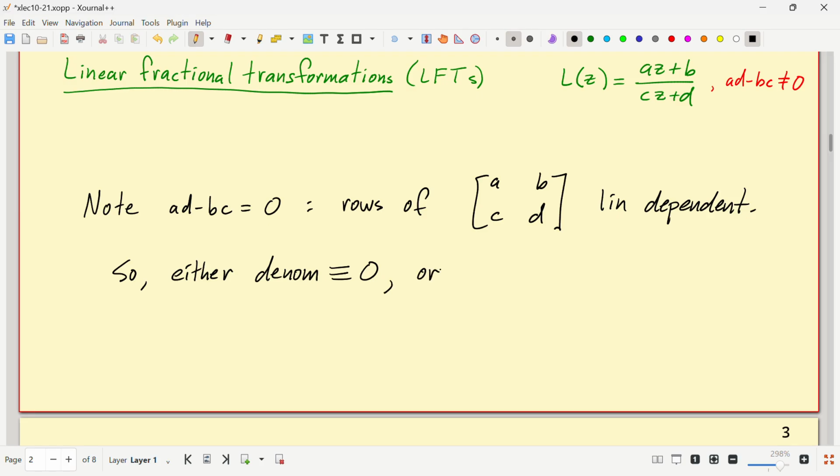Or the numerator is a multiple of the denominator, and that would mean L of z is constant. So those are the dumb cases. Either it's not defined or it's constant. And so those are the cases we want to rule out. Let's see some key facts. I'll do them one by one.